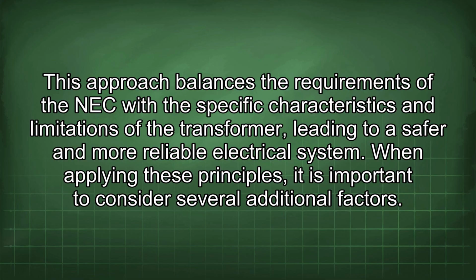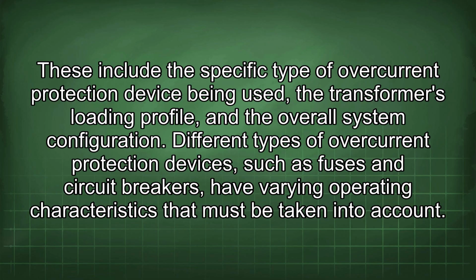When applying these principles, it is important to consider several additional factors. These include the specific type of overcurrent protection device being used, the transformer's loading profile, and the overall system configuration. Different types of overcurrent protection devices, such as fuses and circuit breakers, have varying operating characteristics that must be taken into account.